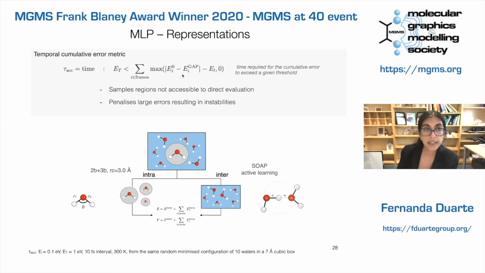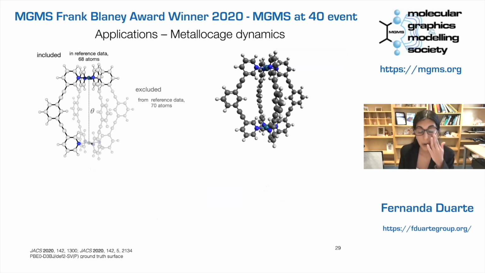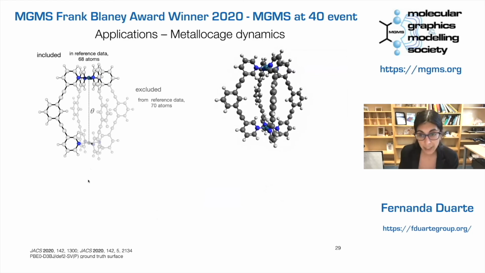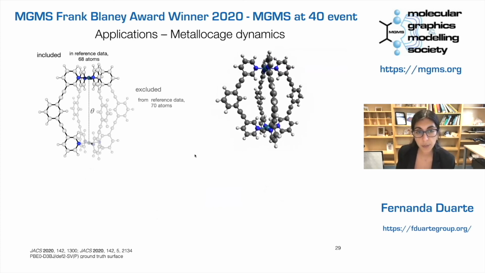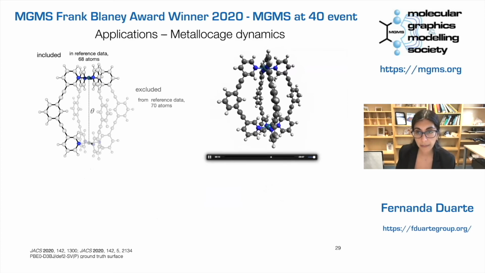So we use this metric combined with separation of inter and intramolecular terms that was key to make these reactive potentials stable. And we're able to finally, using that approach, model our metallocage that I mentioned before. So far it has been gas phase, but we're very happy to have at least that as a starting point for introducing solvent. And what was very interesting here is that we didn't have to model the whole cage.